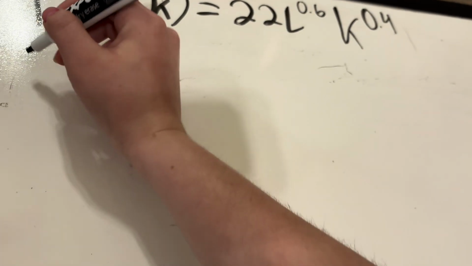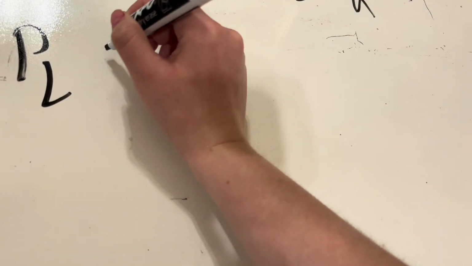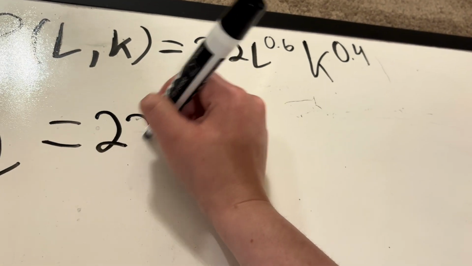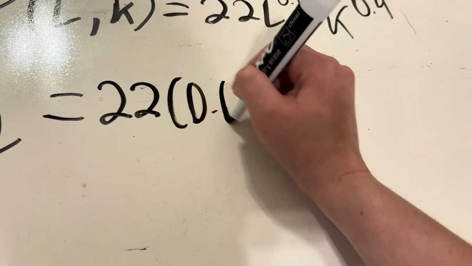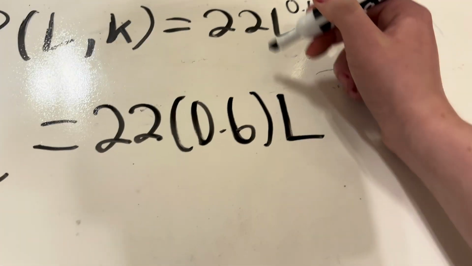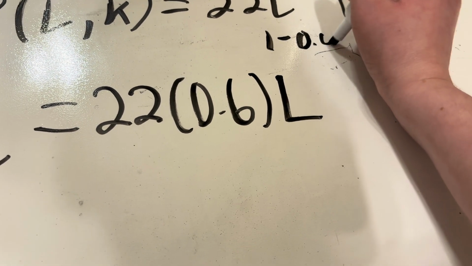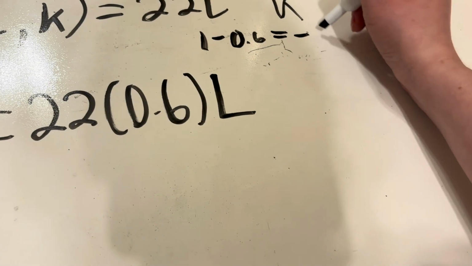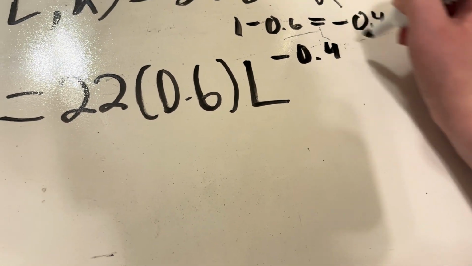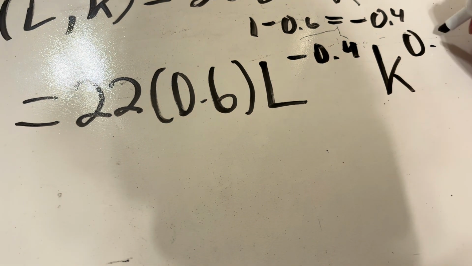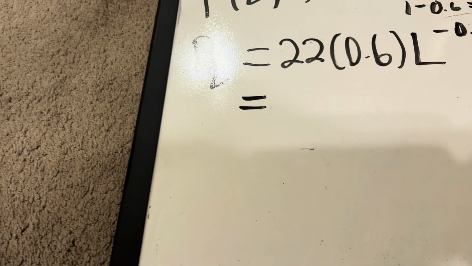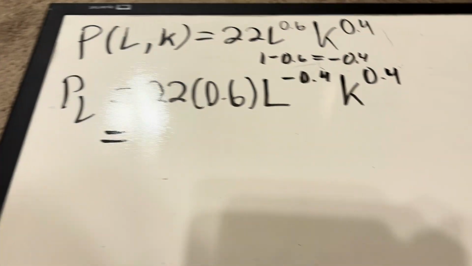We're going to start finding P of L. So to start out, we're going to do 22 times 0.6 L. So we're going to do 1 minus 0.6, which gives us negative 0.4. So we're going to have negative 0.4 k to the 0.4. We're going to multiply the 22 times 0.6.